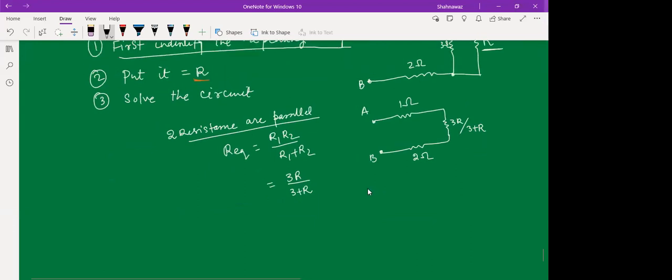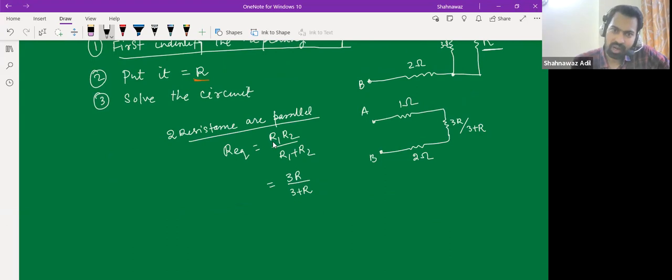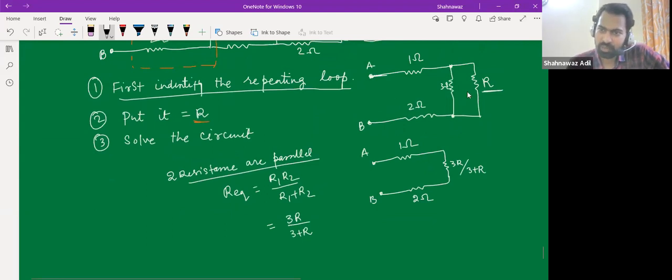Sir, why is it 3R? Okay, so R1 and R2: you have R1 which is 3 ohm and R2 which is R, right? So the product is 3R, divided by 3 plus R. Is that clear? We have two resistances, R1 is 3 and R2 is R. Understood? Yes, sir.